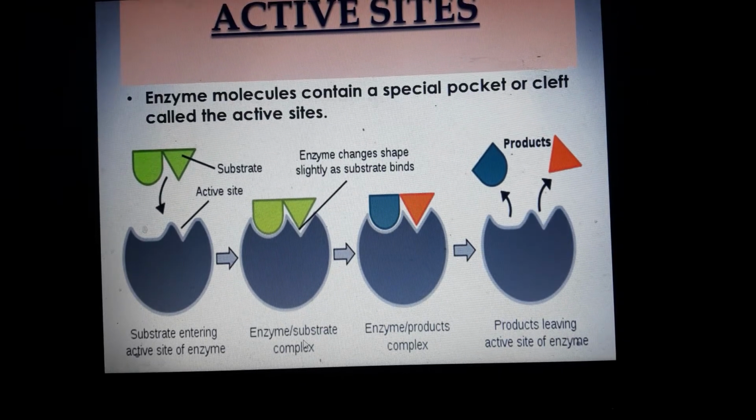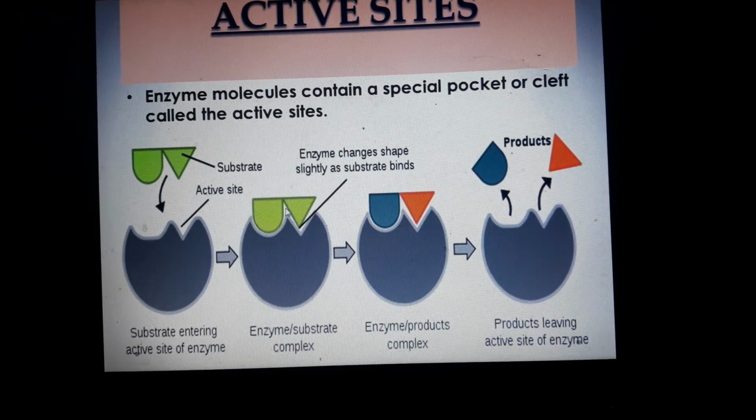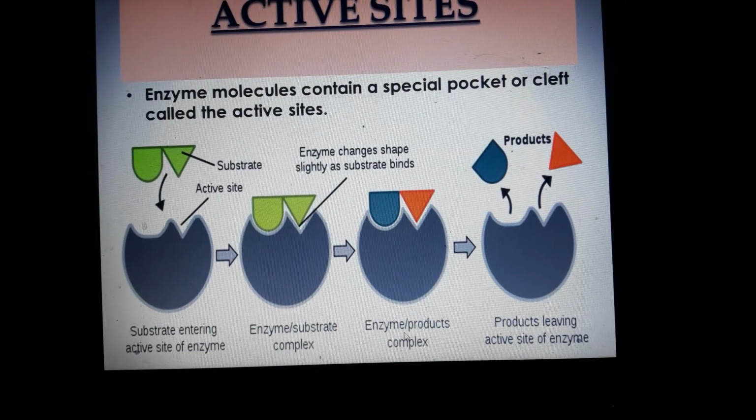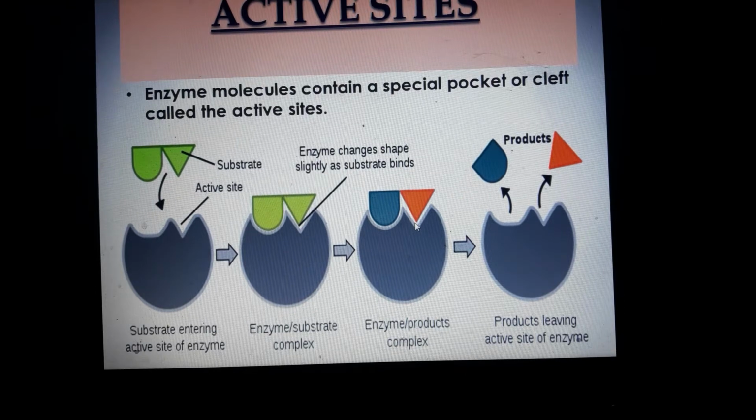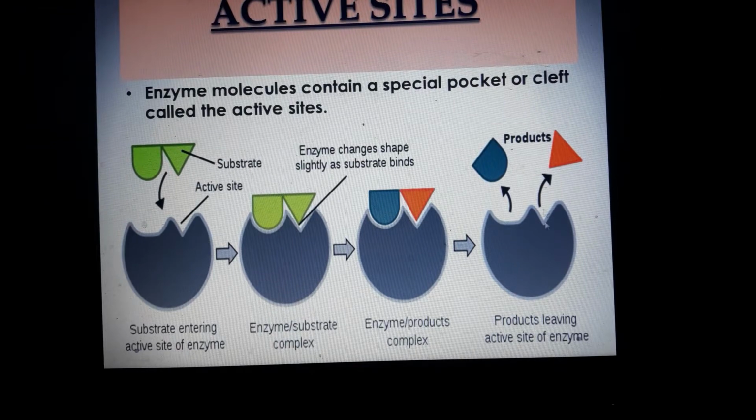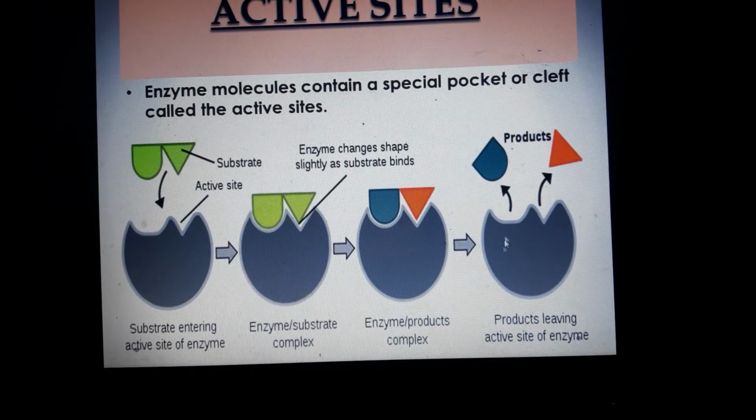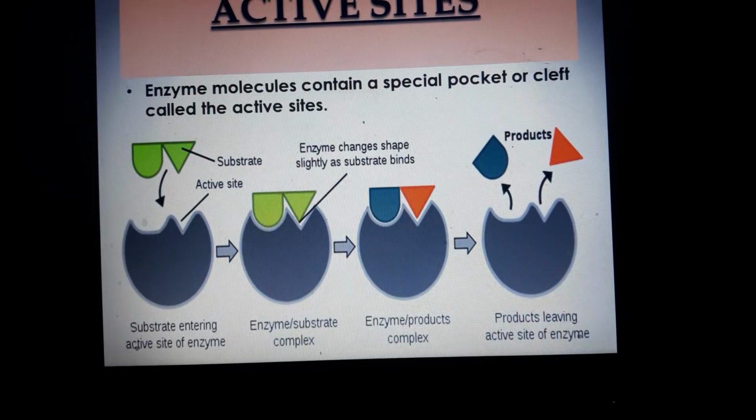It will form the enzyme-substrate complex, for example, the glucose-glucokinase complex. Then the enzyme and the substrate undergo chemical reactions, so the enzyme-product complex will form, and of course after that, the products leave the active site. So this is considered to be the mechanism wherein enzymes are reusable. They are not altered or modified during and after the reaction process.